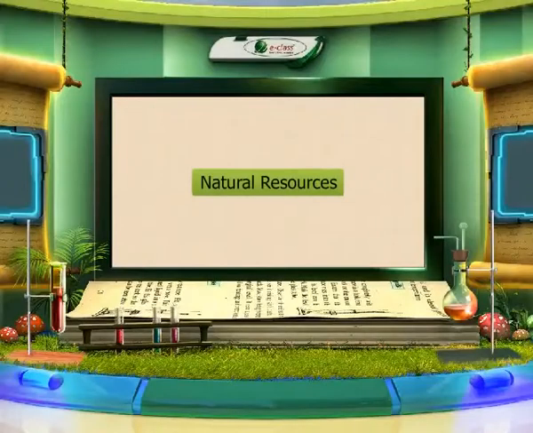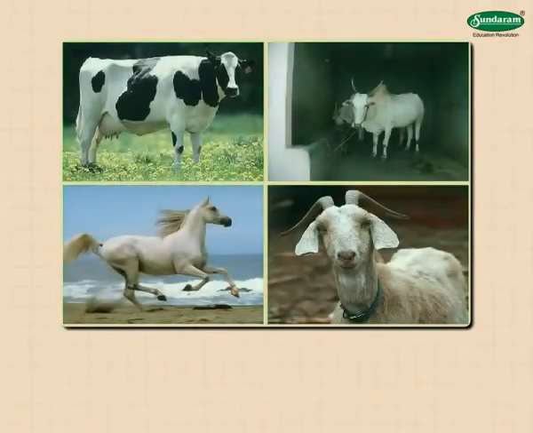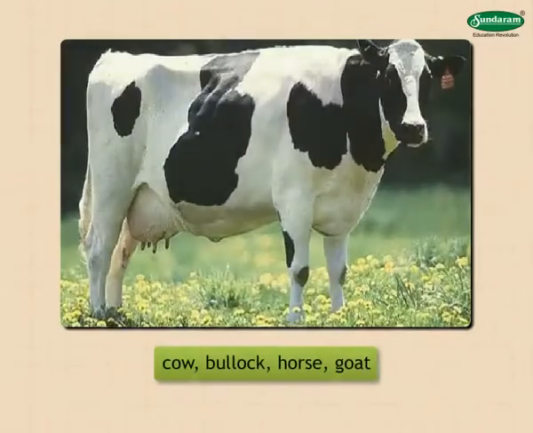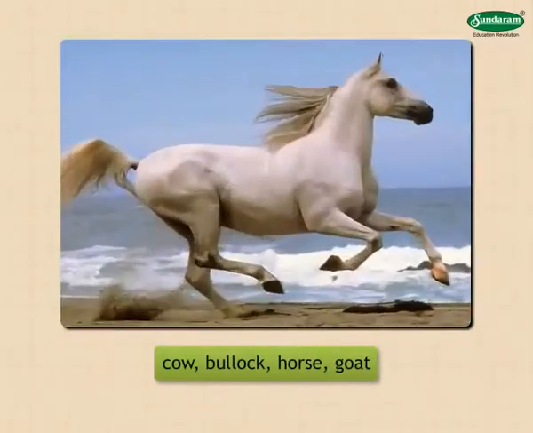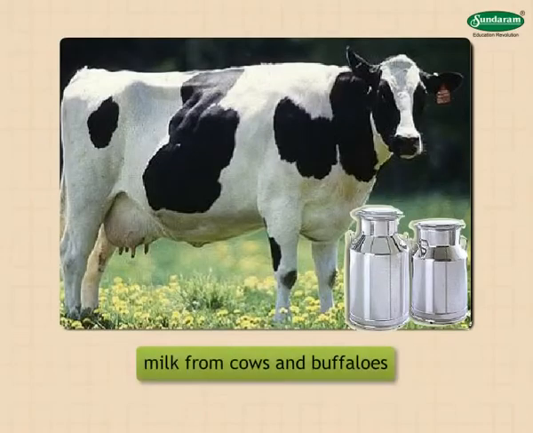Natural resources. Animal wealth. Like water, soil, minerals, etc., animals are also an important natural resource. Animal wealth includes useful domestic animals like the cow, bullock, horse, goat, etc. We get milk from cows and buffaloes.